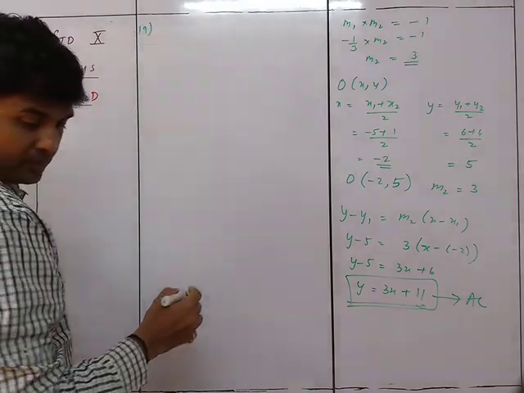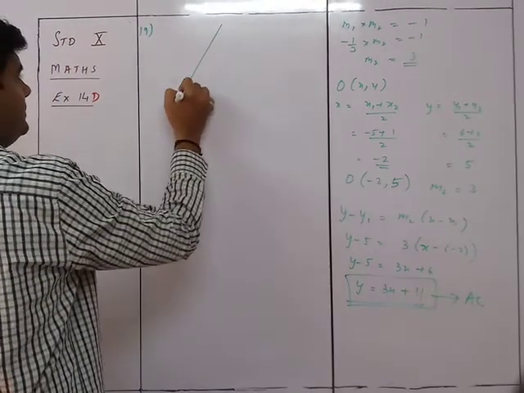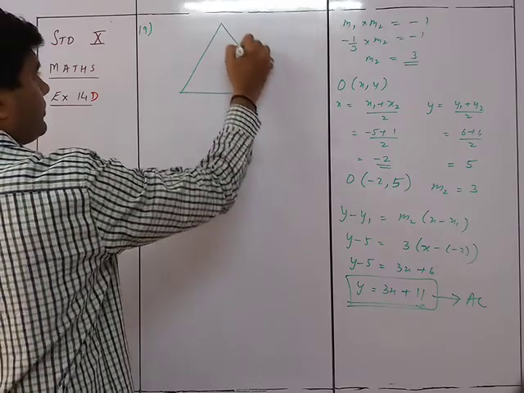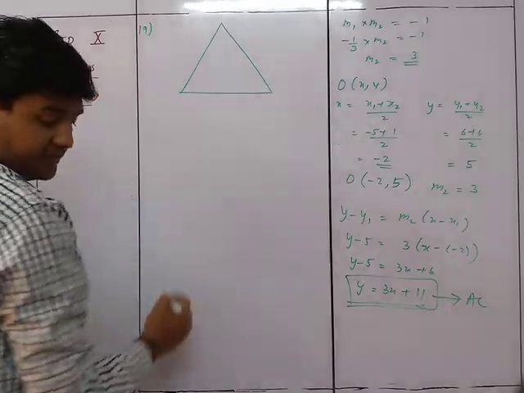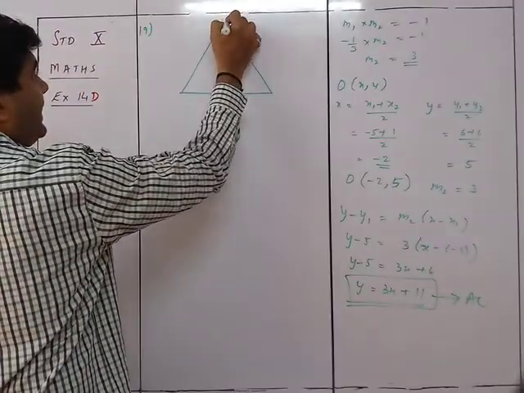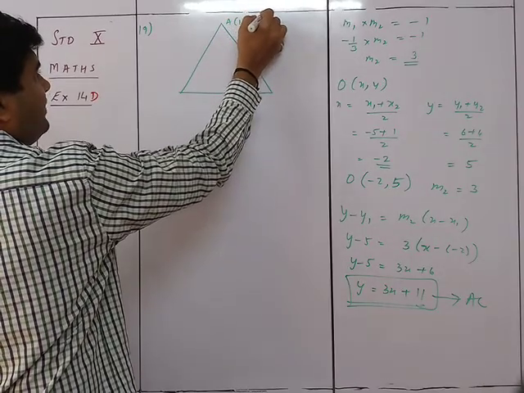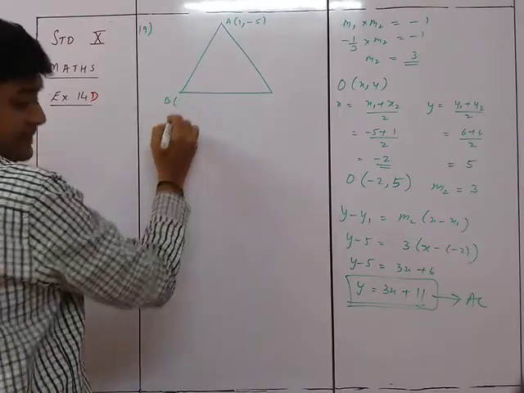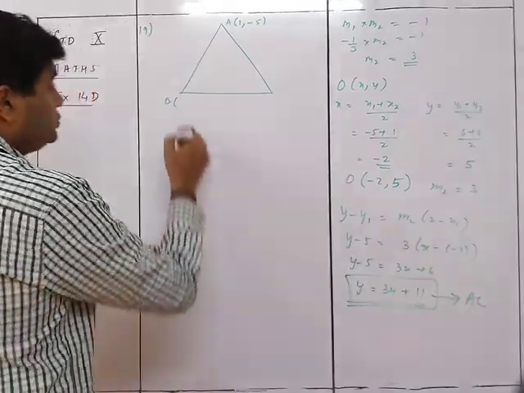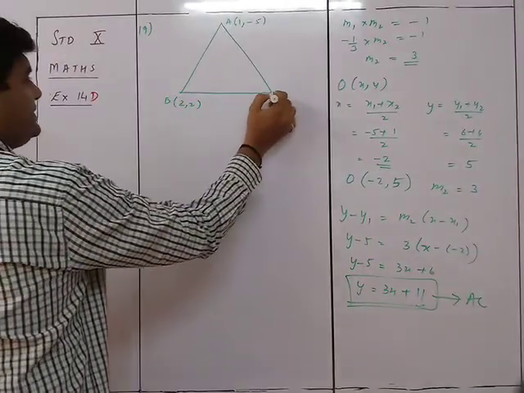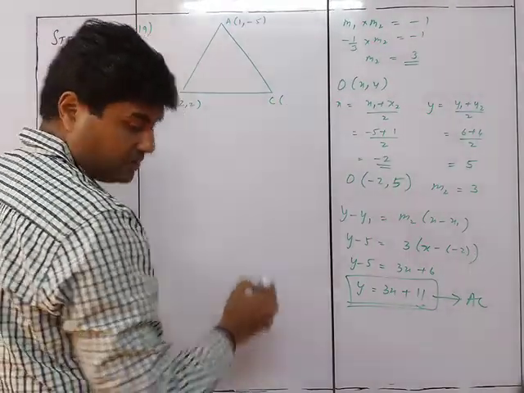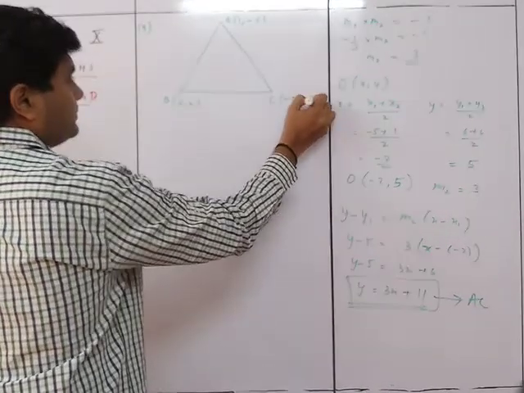19th. We have got this triangle, which is given as A as 1 comma minus 5, B as 2 comma 2 and C as minus 2 comma 4.